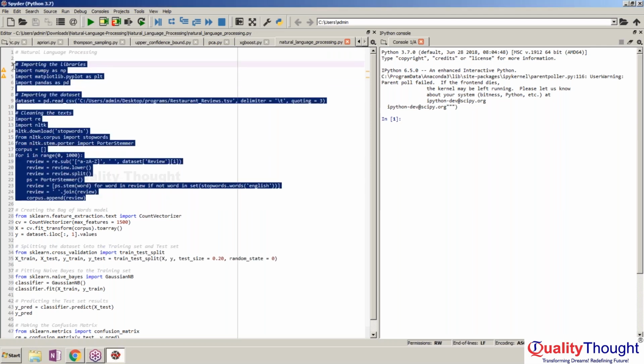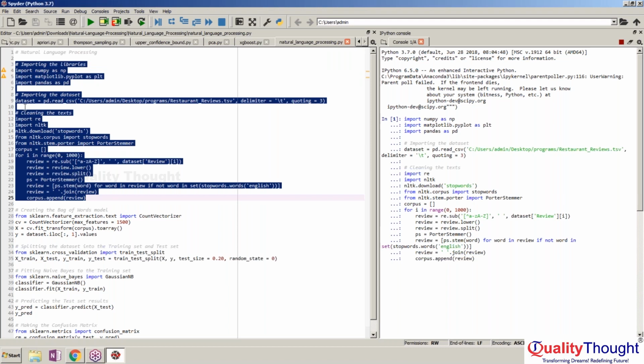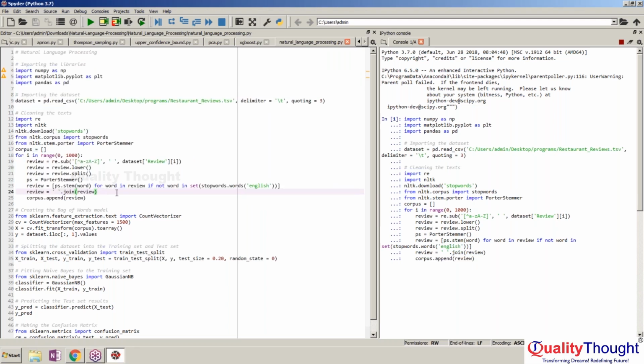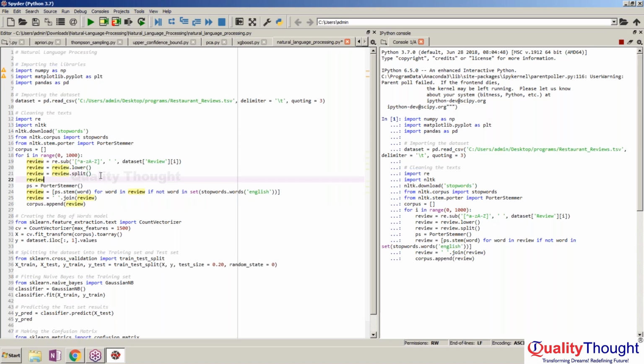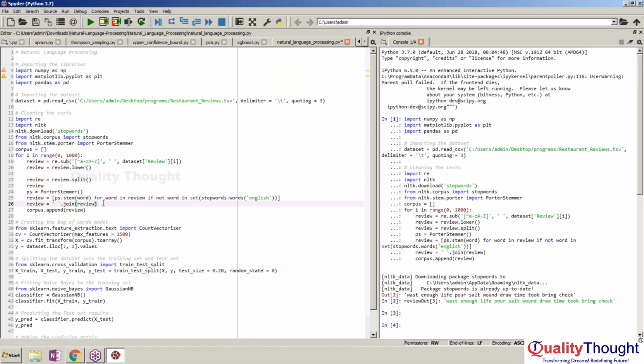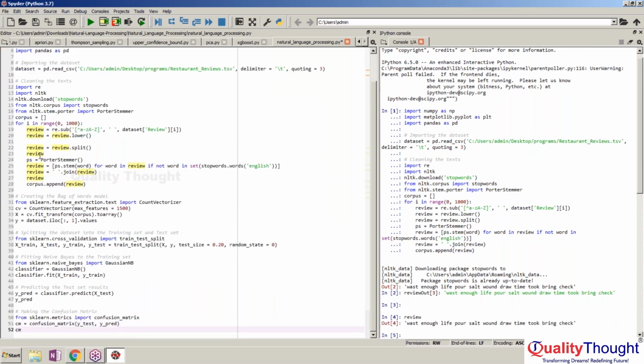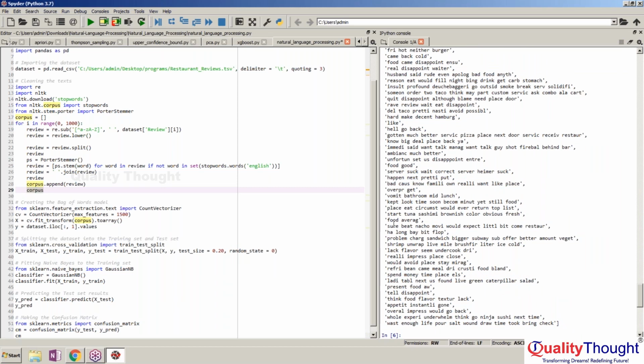We could clearly see the stop words, whatever we have created. Splitting the data.